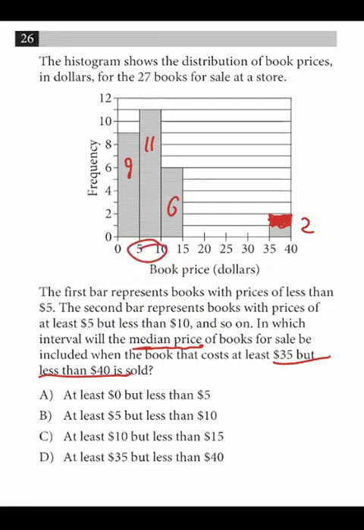And honestly, even if we didn't add this book, the median would still be between 5 and 10. Because in this case, this would be 1, this would be 9 minus 1, which is 8, 8, 11, and 6. 8 minus 6 would become 2, and then this would be 11, this would become 9. So the interval would still be between 5 and 10. And even if we remove this book, it would still be between 5 and 10. So the correct answer should be B.